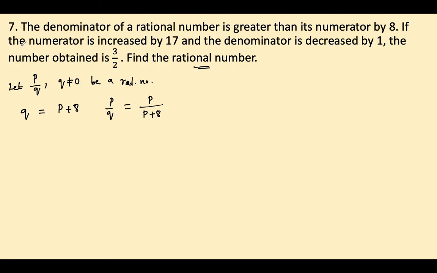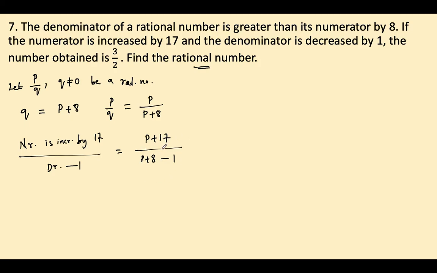Now what is the second condition? If the numerator is increased by 17 and the denominator is decreased by 1, that should be p plus 17. P is in the numerator, I am increasing it by 17, that means I am adding 17 to it, divided by the denominator decreased by 1, that is this p plus 8 is decreased by 1, that is we are taking p plus 8 minus 1.